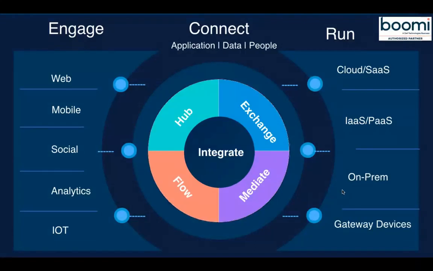Mediate is where you can expose your underlying data as APIs so it can be interacted with by other applications. And Flow is a low-code application development platform where you can automate workflows to accelerate your business outcomes. So with these capabilities of Boomi, we'll be able to develop a unified solution for any kind of requirement.